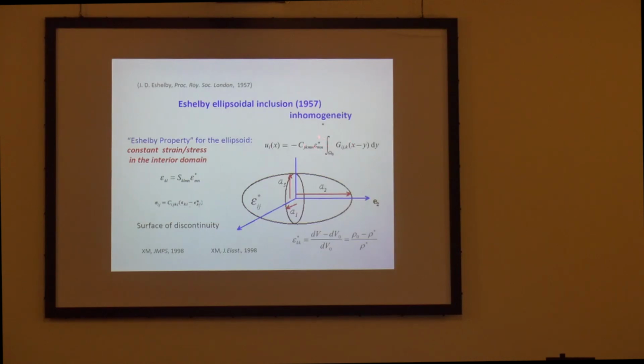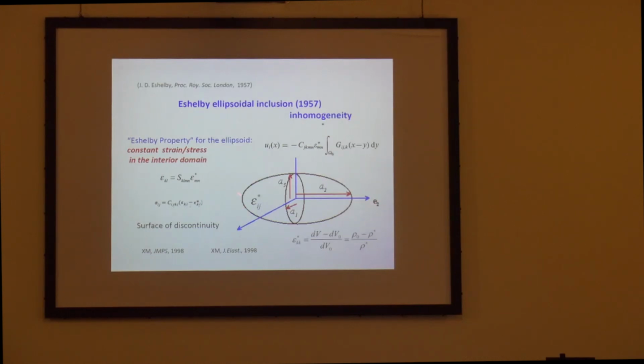For uniform transformation strain, it goes out, and Eshelby has shown that for the ellipsoid, the strain in the interior domain and consequently the stress are constant. So this is the famous Eshelby property for the ellipsoid.